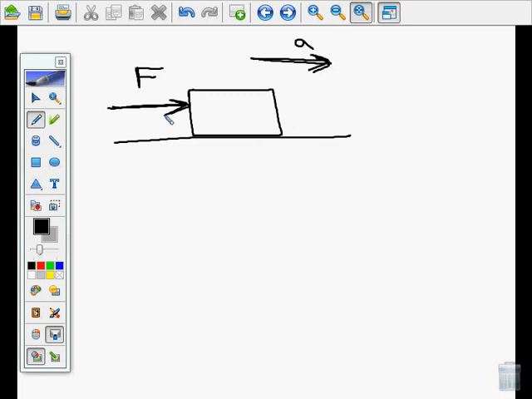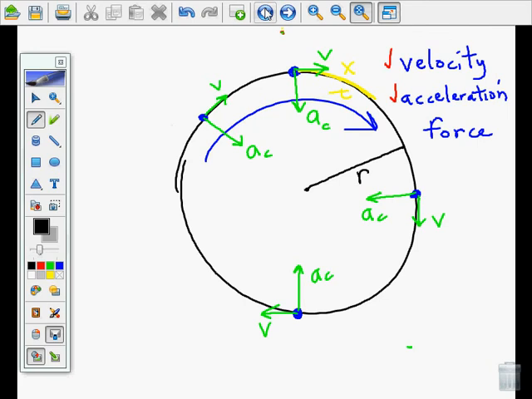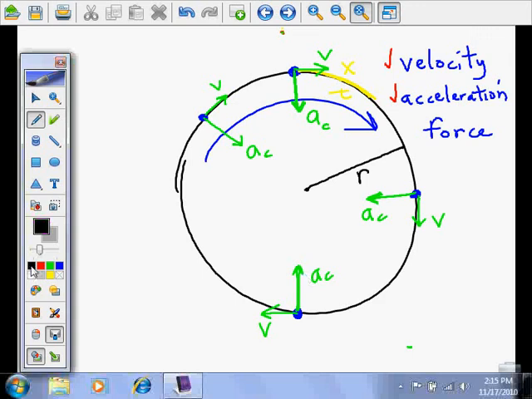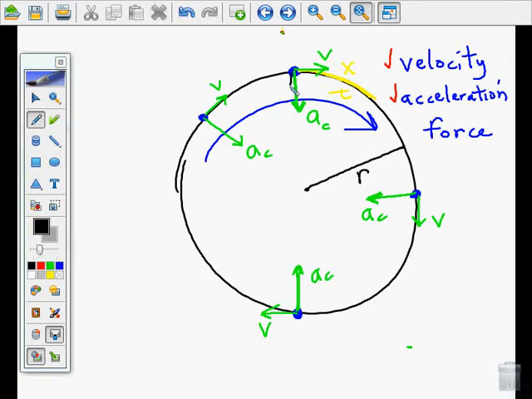If you have an object going in a circular path, if there's an acceleration towards the center, there must be a force acting on that object towards the center. So there's a force towards the center as well.